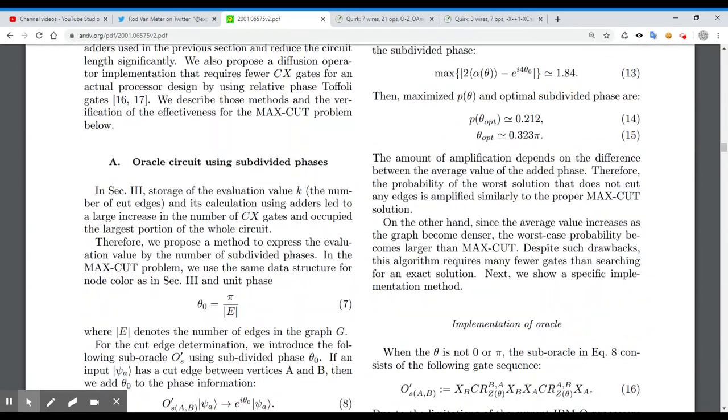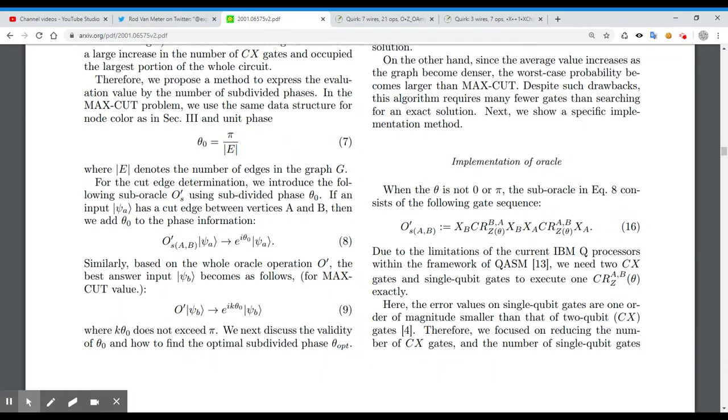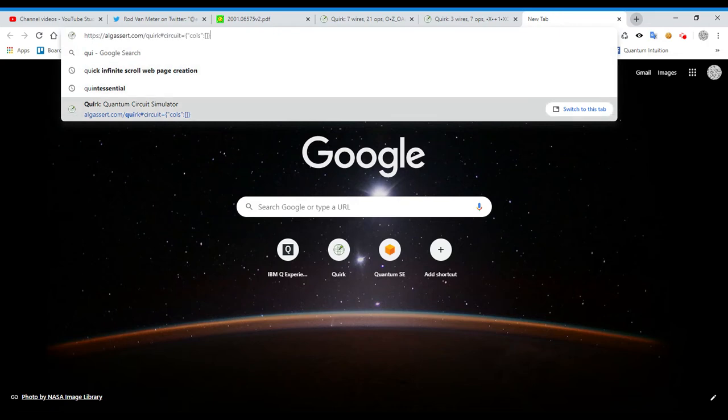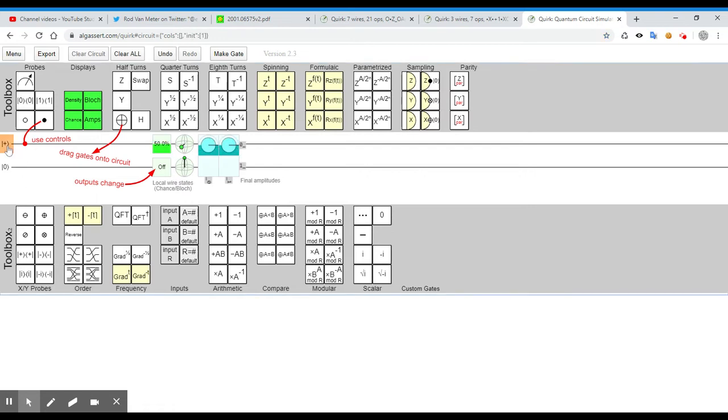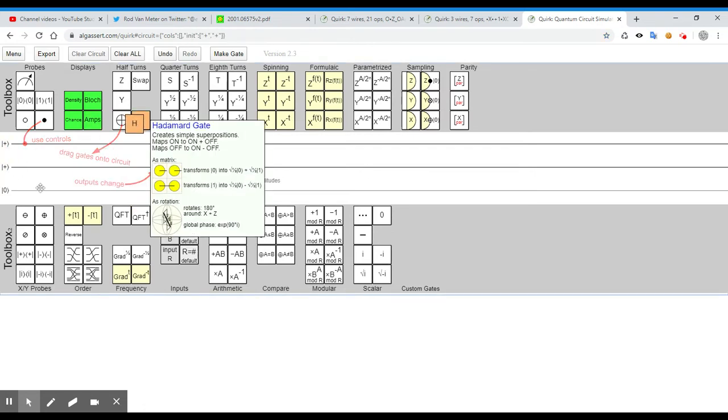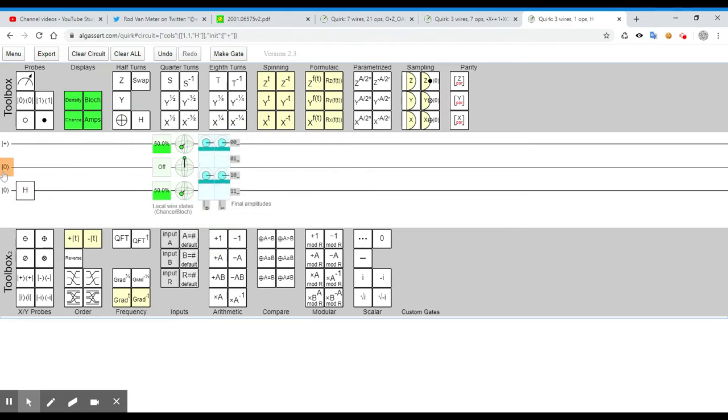So you would probably, I'll start with a clean Quirk. So you would probably do something like, you've got your superposition here. I should get used to maybe, oh come on, start with a clean state.